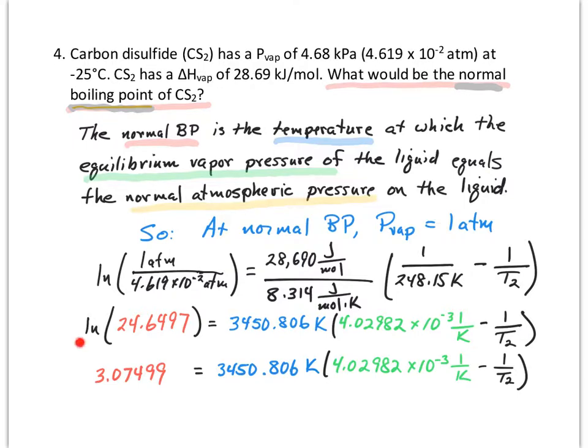Now, if we take the natural log of this number, the 24.65, we get this number 3.075, right? Again, carrying more figures than are significant through the calculation so that we don't contribute to extra rounding error. So we will start the next slide with this equation.